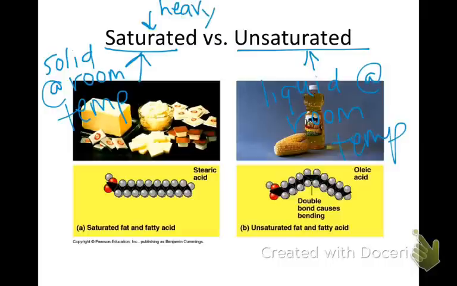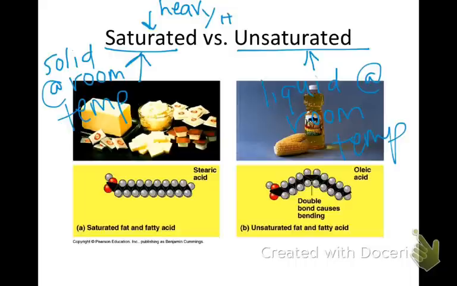If you want to put another arrow and put that to be saturated means that you are heavy. Think about it. If you've been outside and someone shoved you into a big old body of water and you come out, you're going to be dripping with water. You are saturated with water. Saturated is a fancy science term for heavy. You're going to be heavy with hydrogens.